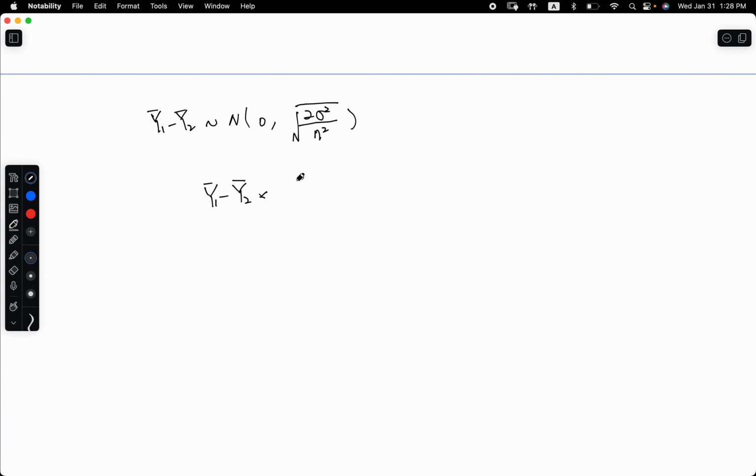So we want this less than sigma over 5. So let's perform the same transformation by standardizing. Minus 0 over the square root of 2 sigma square over n square. Same transformation on the right hand side.